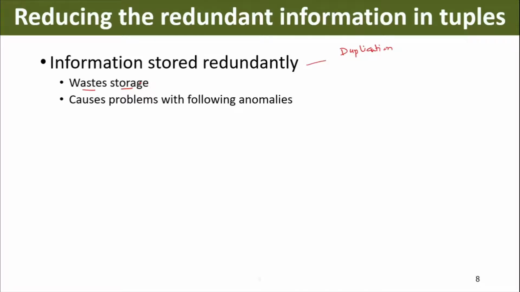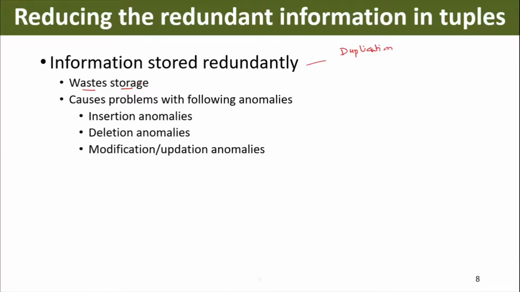Now, also, if we are storing the information redundantly, then it causes problems with the following anomalies. What are those anomalies? We may have insertion anomalies, we may have deletion anomalies, and we may have modification or updation anomalies. So if we do not want such anomalies while inserting the data, while deleting the data, or while updating the data in the relations, then we should reduce the redundant information that is being stored in the tuples.